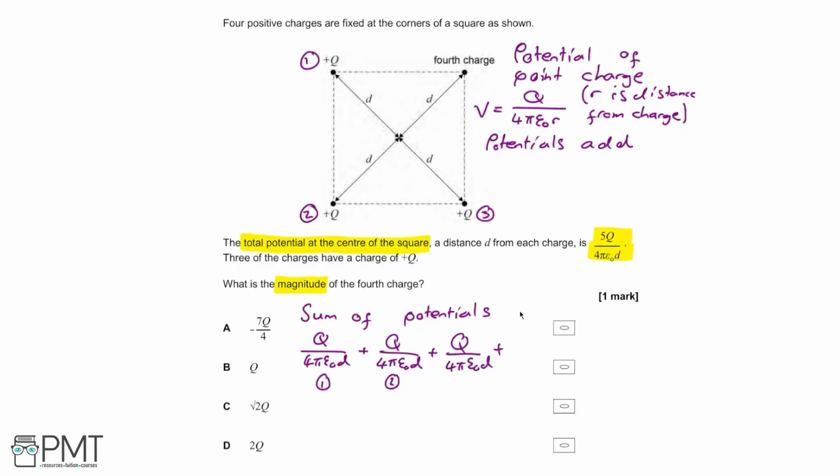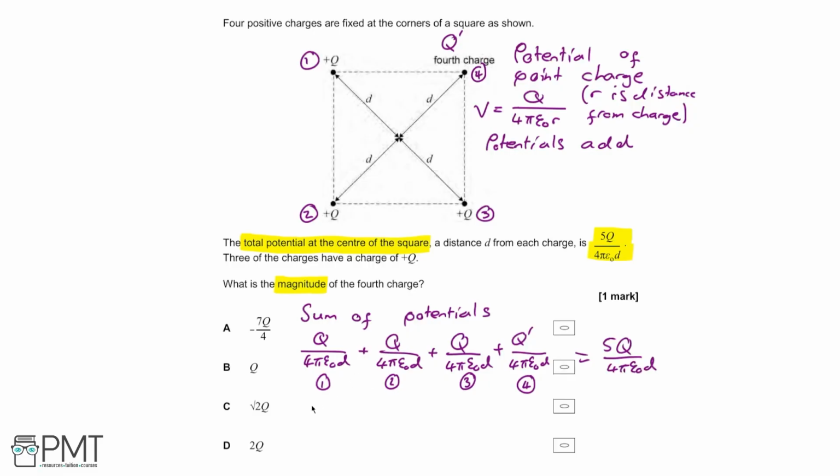And then finally, we have this unknown charge, which I'm going to call Q prime. So plus Q prime divided by 4 pi epsilon naught d. This one here is from charge number 4, which is in this corner. And that's going to be equal to the value that they've given us in the question, 5q divided by 4 pi epsilon naught d.